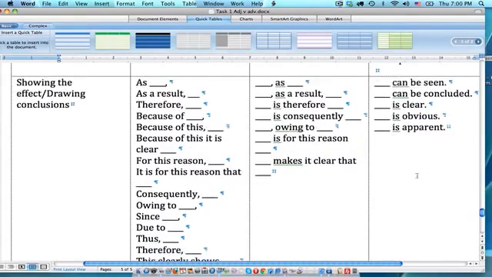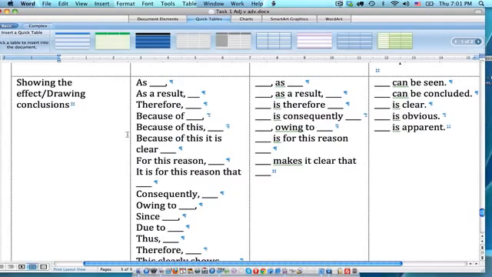Showing the effect, drawing conclusions. So please note the manner in which this language remains very logical. At this point, you're supposed to be drawing certain conclusions from your example or from the paragraph as a whole. So: as a result, therefore, please note the commas; because of blank, comma; because of this, comma, and then we go on to explain.